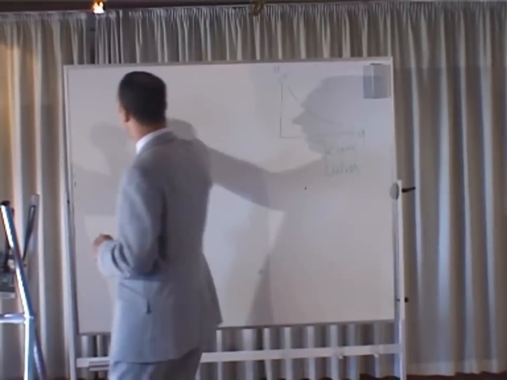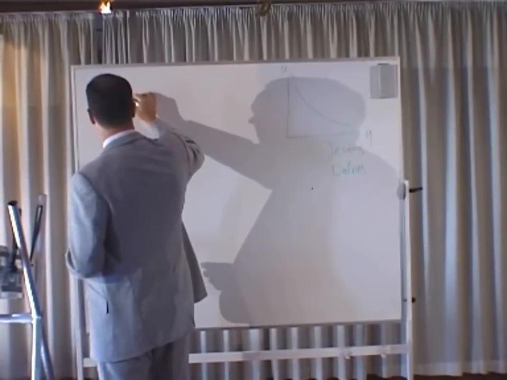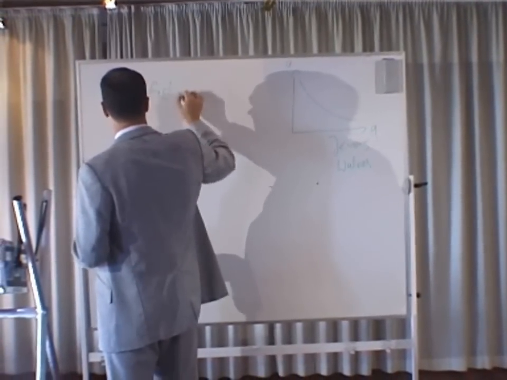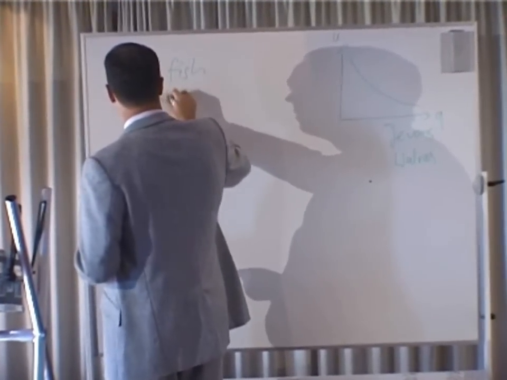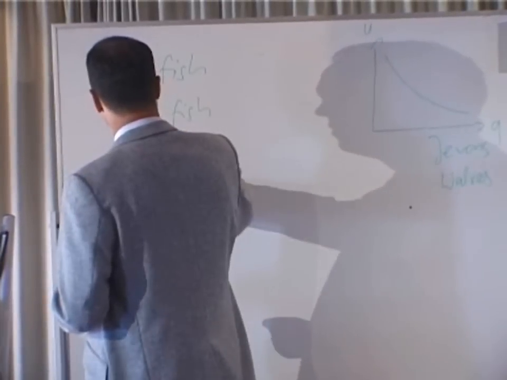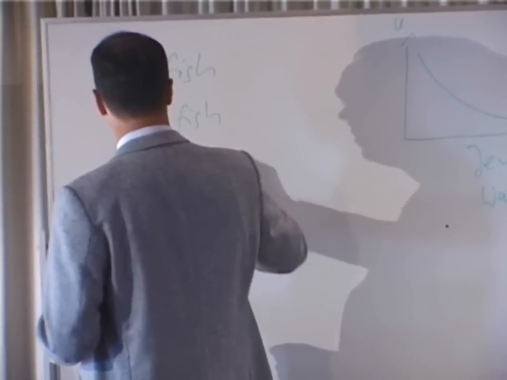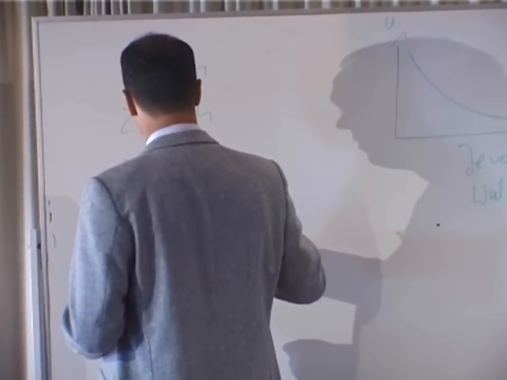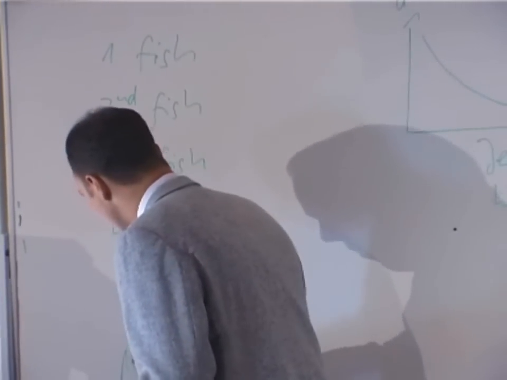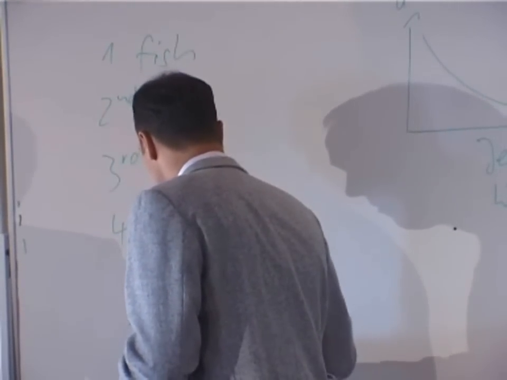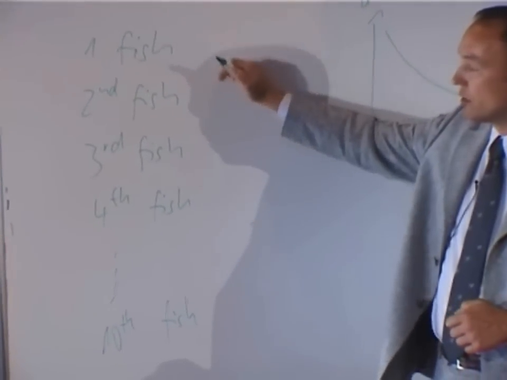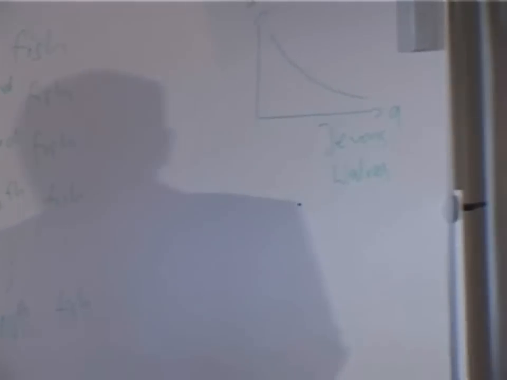That is, for example, if I have a supply of 10 fish, here we have the third fish, and here we have the 10th fish. Then every single unit of the supply will be accorded to satisfy an individual concrete need.